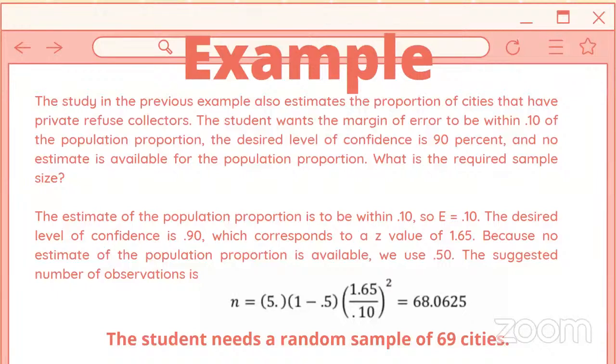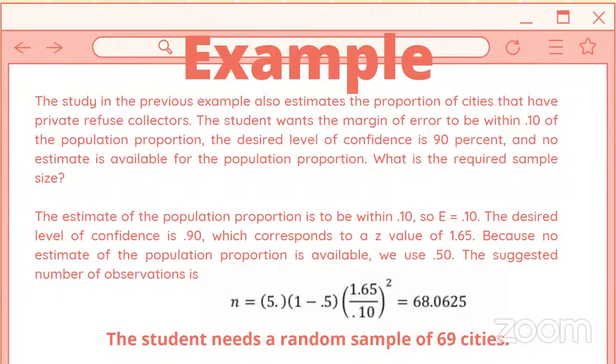The estimate of the population proportion is to be within 0.10. So E equals 0.10. The desired level of confidence is 0.90, which corresponds to a C value of 1.65. Because no estimate of the population proportion is available, we use 0.50.